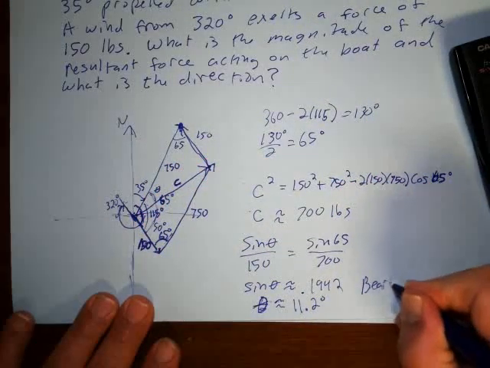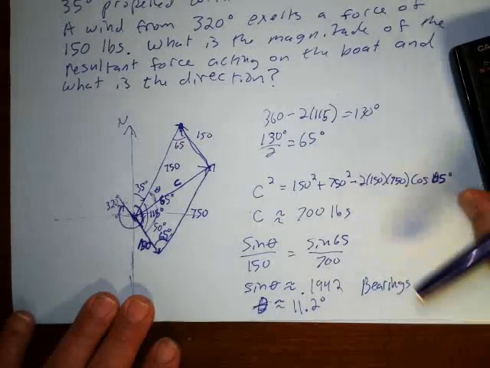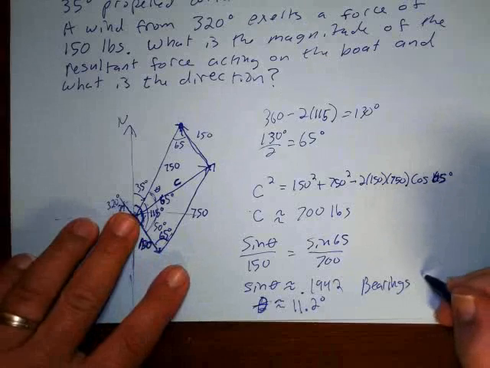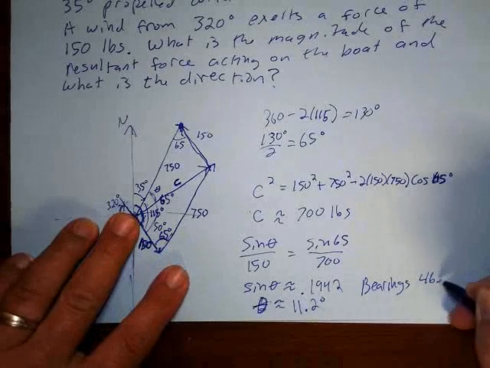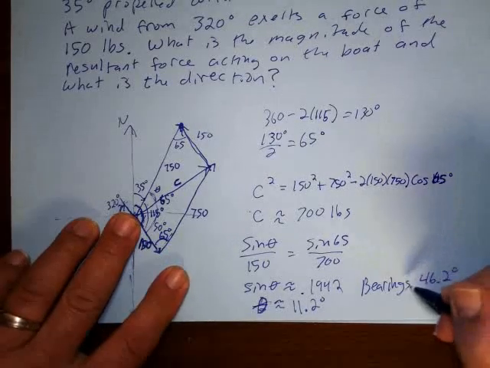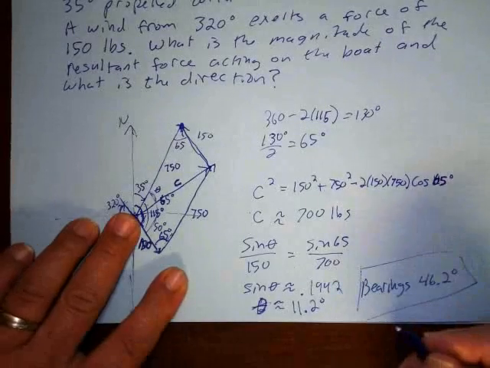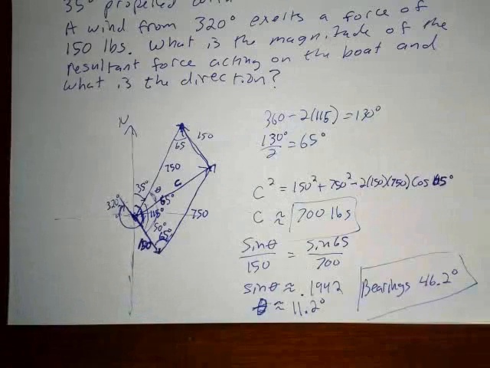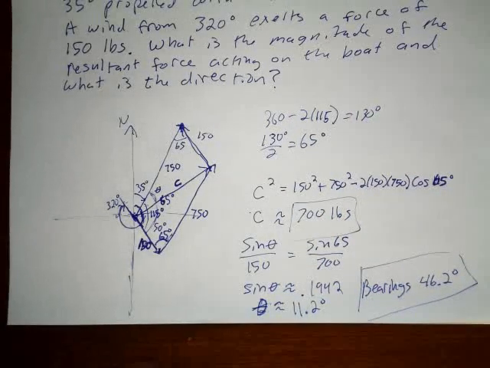So the bearing is 35 plus 11.2, which is 46.2 degrees. So I'm thinking it has a magnitude of 700 pounds with a bearing of 46.2 degrees.